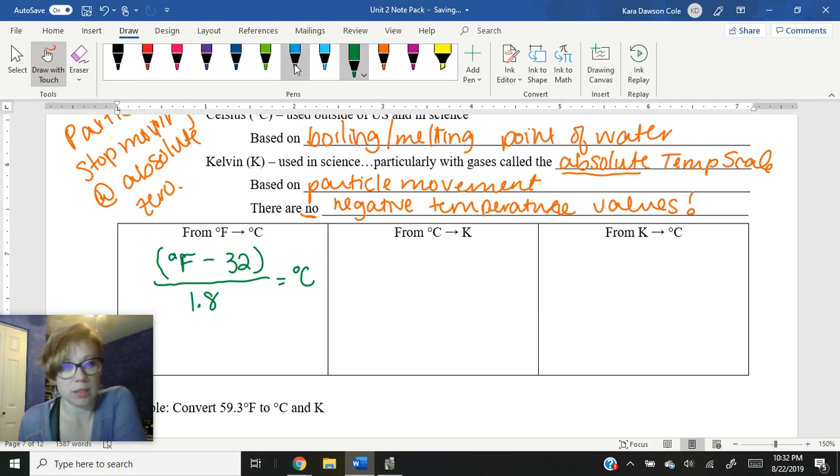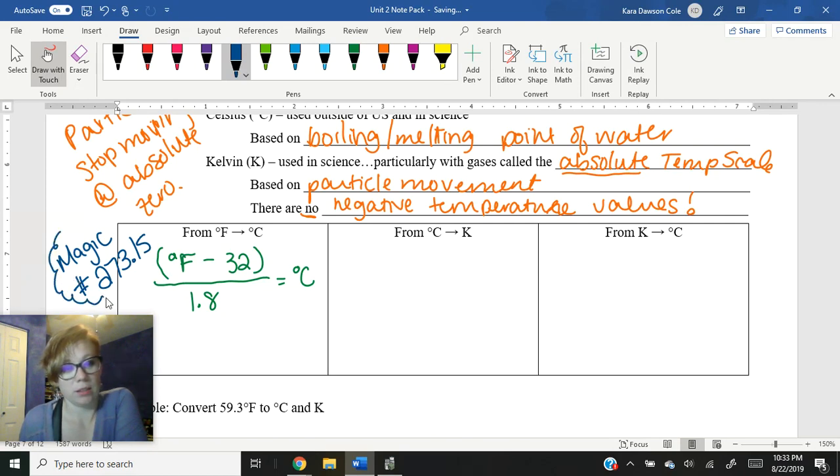Easy enough, right? All you're doing is plugging into a formula. Now, magic number. There's a magic number for temperature. And that magic number is 273.15. This is my magic number for temperature.